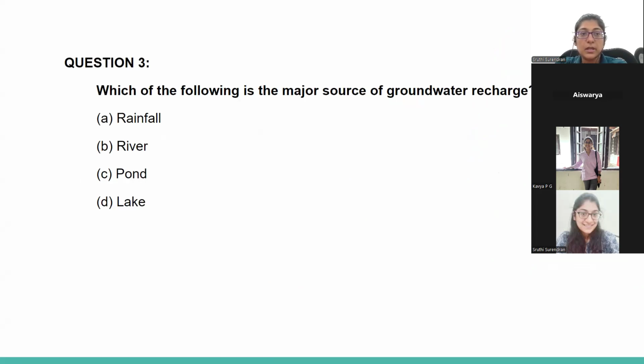Moving on to the third question: which of the following is a major source of groundwater recharge? Is it rain, river, pond, or lake?